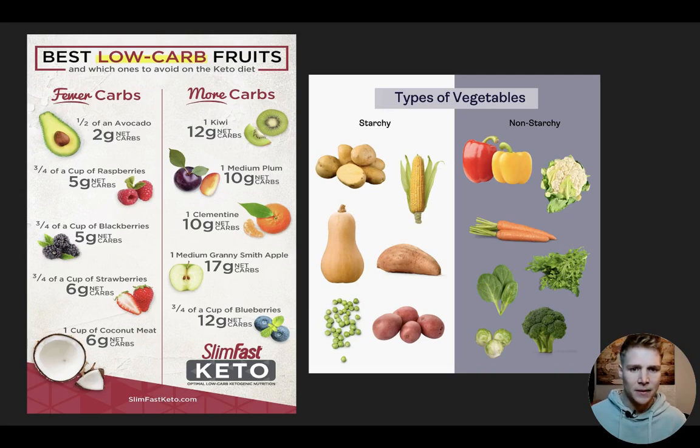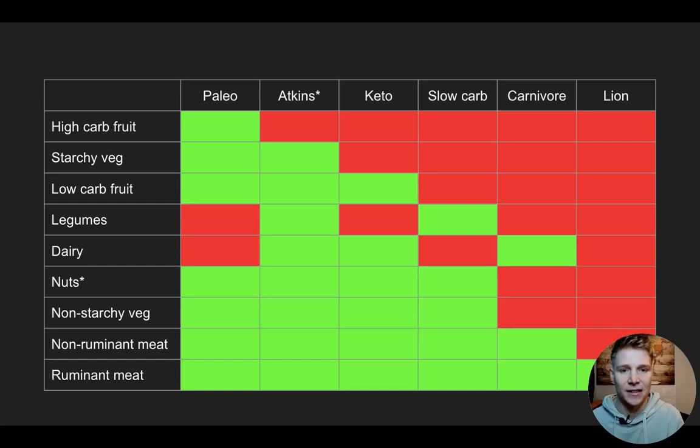Not sure about that. And then starchy and non-starchy vegetables. Starchy things like potatoes, sweet potatoes, corn, butternut squash, peas, and non-starchy like peppers or capsicums, depending on where you're from, cauliflower, carrots, broccoli, spinach, those kinds of things. So some diets allow all vegetables, some allow none, and some just allow non-starchy vegetables.